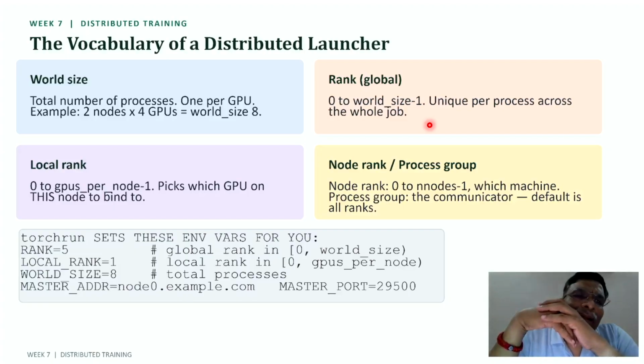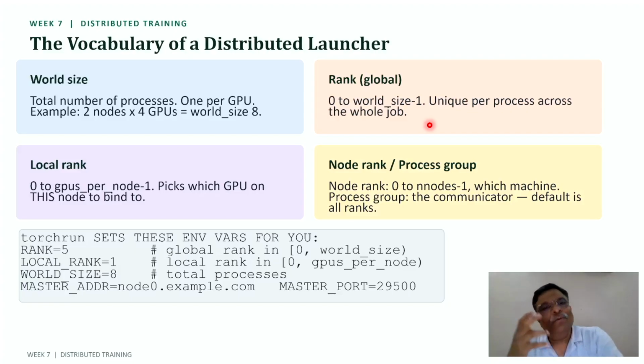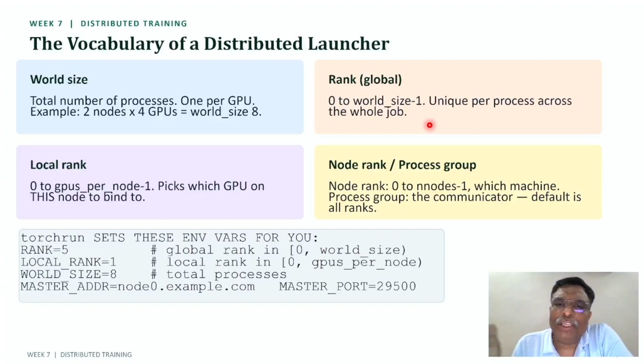Now, one is a global rank and one is a local rank, because inside a GPU node you can bind and then use it as a local rank. So with GPUs per node, the local rank varies from 0 to GPUs per node minus 1. And node rank is 0 to n nodes minus 1, which tells you which machine. The process group, the communicator, default is all ranks.